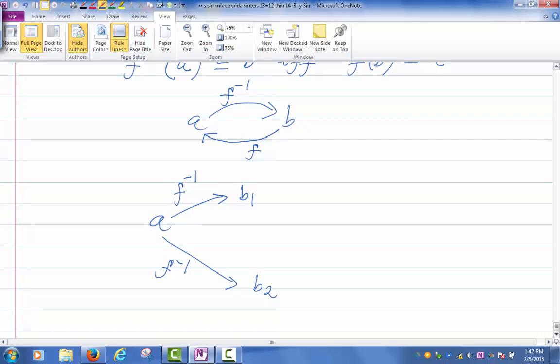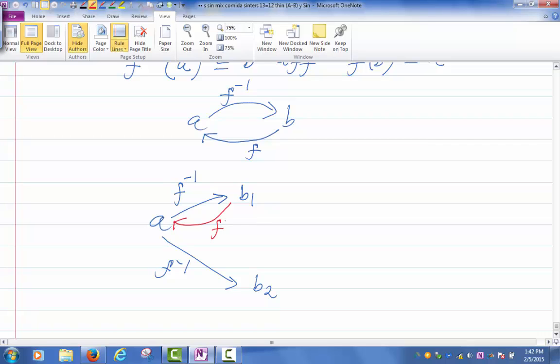Okay? Can that happen? If b1 and b2 are distinct, and if this happens, then f inverse is not a function. But notice that the way we defined f inverse of a is b1 simply means what?